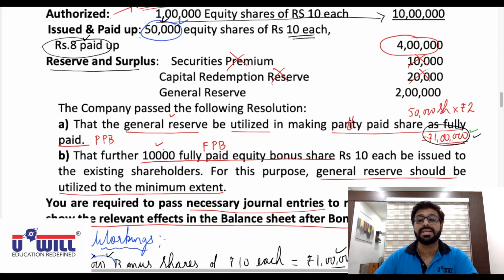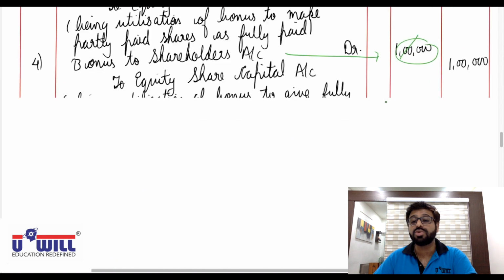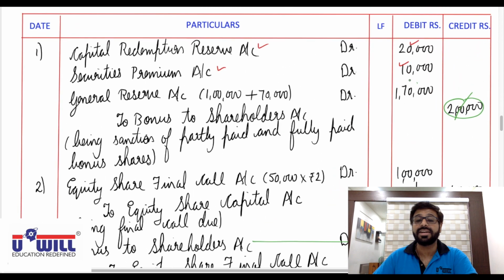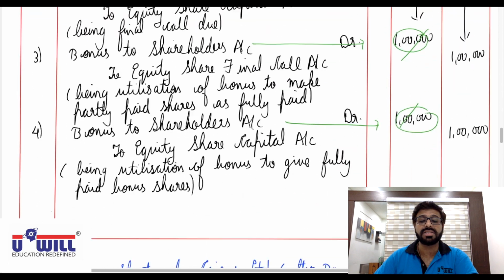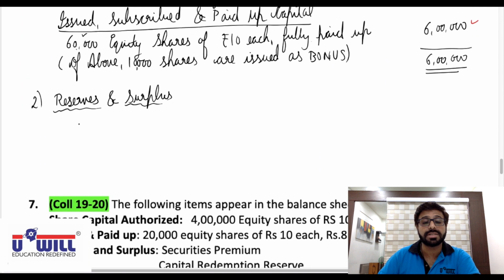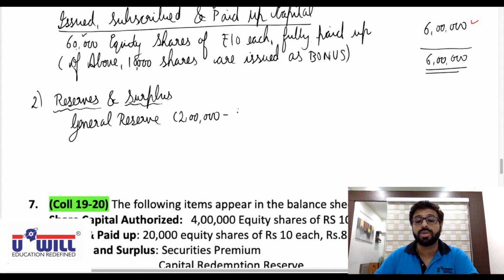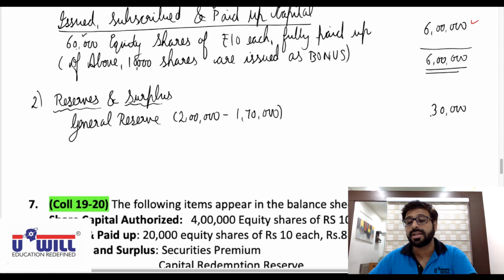General reserve still exists. We had 2 lakh in general reserve, but we used only 1,70,000. So only general reserve remains in reserves and surplus. How much general reserve remains? Earlier we had 2 lakhs. From that we gave total bonus of 1,70,000, fully paid as well as partly paid. So 30,000 remains in general reserve.